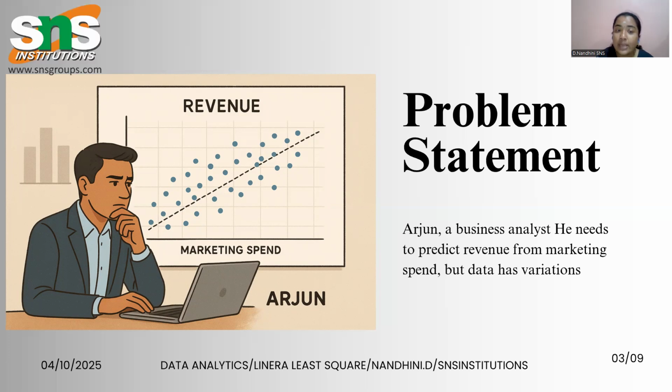So he has some data and how this revenue increases eventually with the marketing strategies. So he chooses a design thinking framework to get a solution, with four phases.